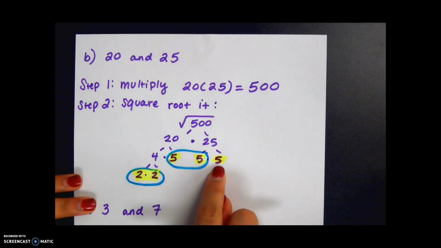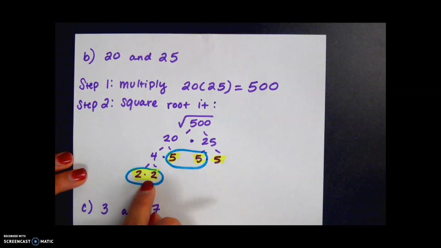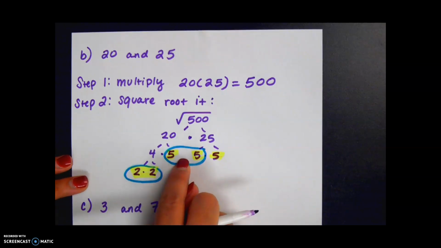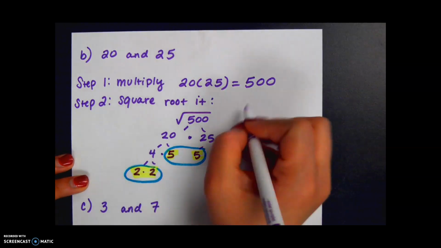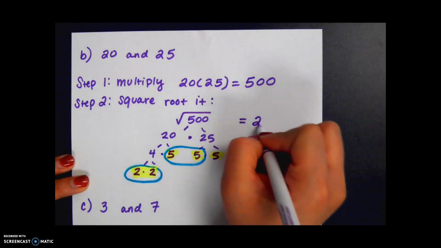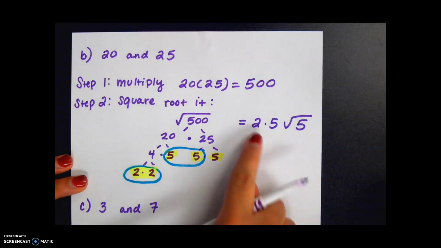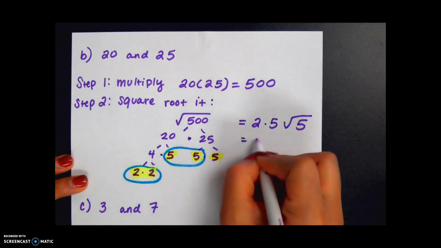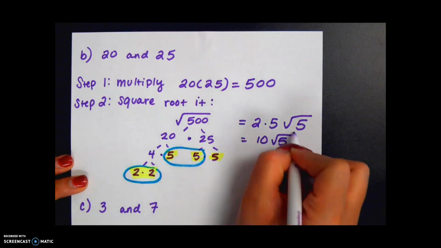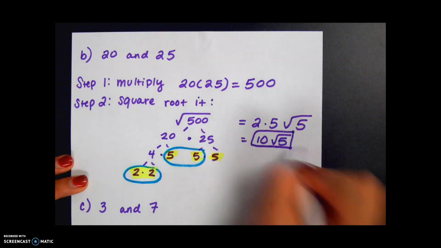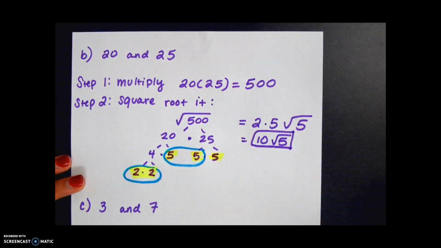And I've got one that is unpaired. So a 2 comes out of the radical symbol, a 5 comes out, and the 5 stays in. So 2, 5, square root 5. 2 times 5 is 10. Square root 5 just comes down. And I get 10 square root 5.